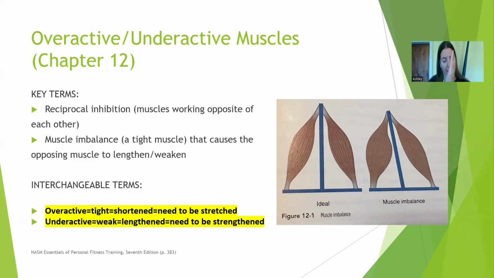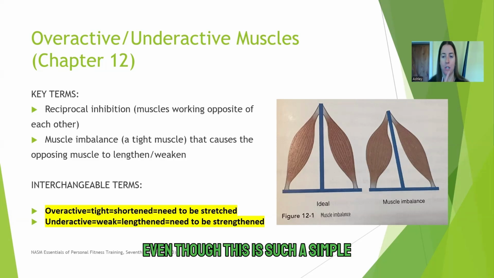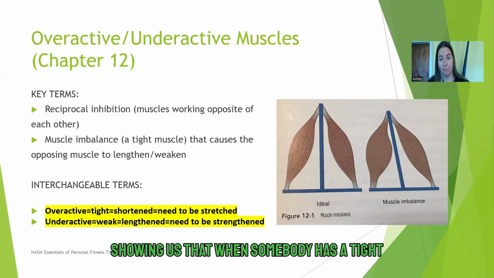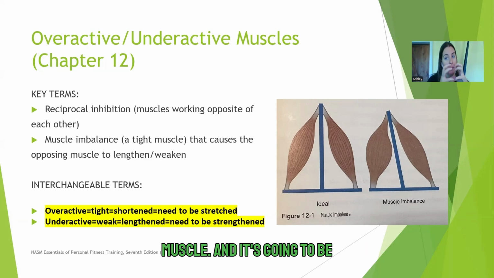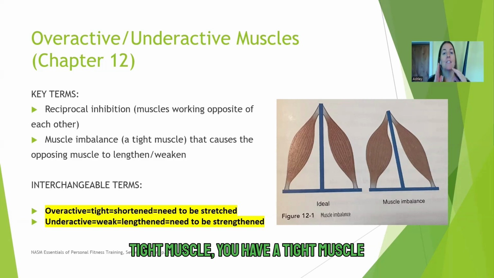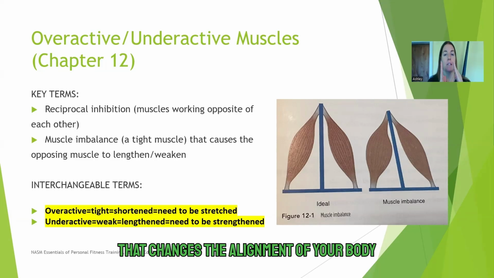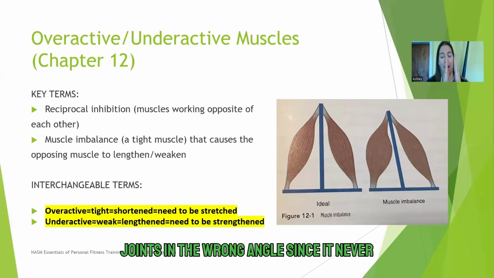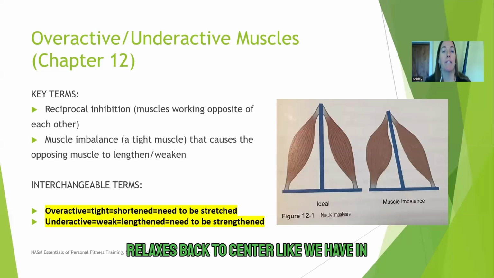So even though this is such a simple graphic, there's so much here. Look at the angle on the muscle imbalance. That is the bone. Those are the joints, where they meet up together. So this is showing us that when somebody has a tight muscle that is doing that pulling, you don't just have a tight muscle. You have a tight muscle that changes the alignment of your body because it's going to pull the bones and joints at the wrong angle, since it never relaxes back to center like we have in the ideal.